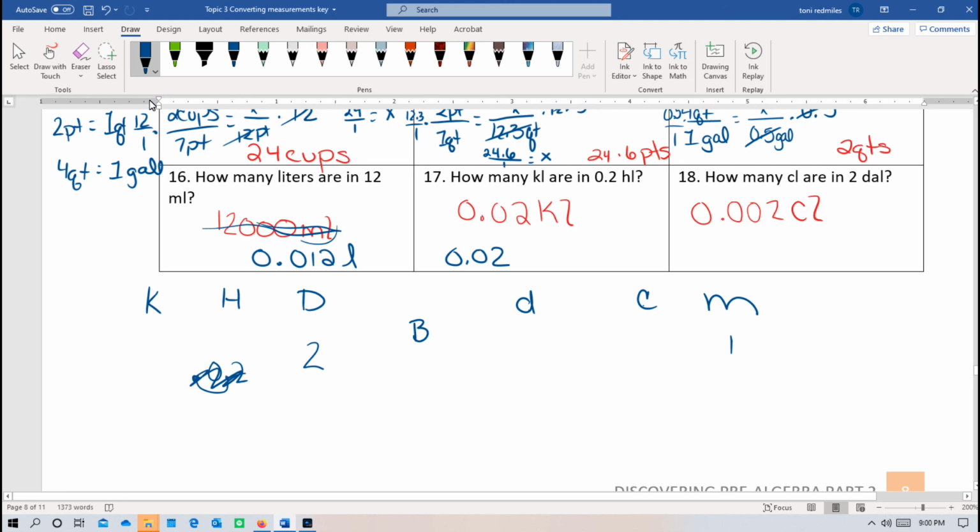I don't know if I thought I had deci, but I'm at the bigger one. So I'm going to here, which means I'm moving 1, 2, 3. See, I put the right thing. I don't know what was up. So 1, 2, 3. It should have been 2,000 kiloliters. Unless I changed these problems after I made this.